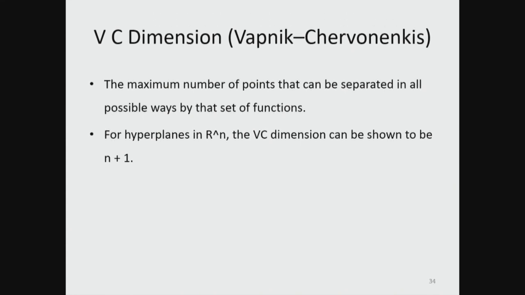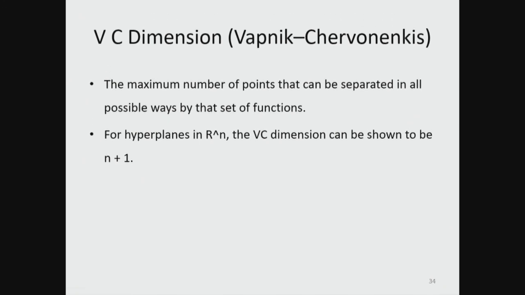Therefore, that can be a function, and correspondingly we can have this type of maximum number. Therefore, VC dimension is the maximum number of points that can be separated in all possible ways by that set of functions.